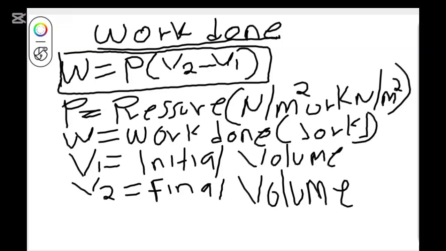So you have to take note of this formula. And there is one thing that I need you to know. Expansion is the same thing as positive work, and compression is the same thing as negative work.